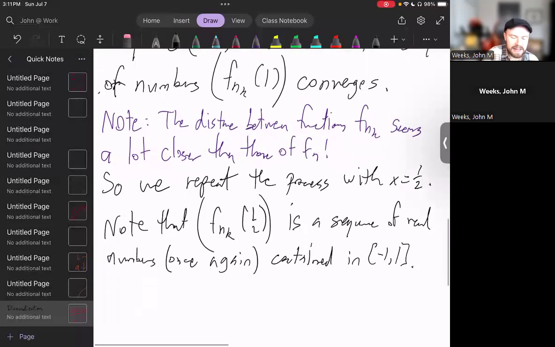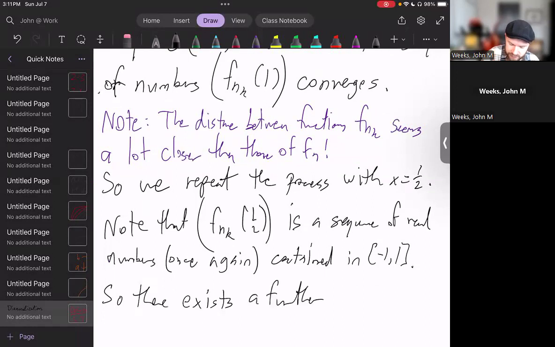This is a compact set, so there exists a further subsequence, f sub n sub k, and we have to give it another sub-index here, sub L, of functions.